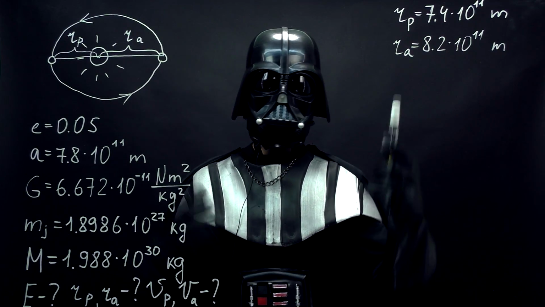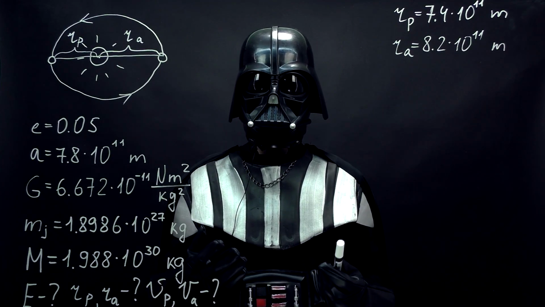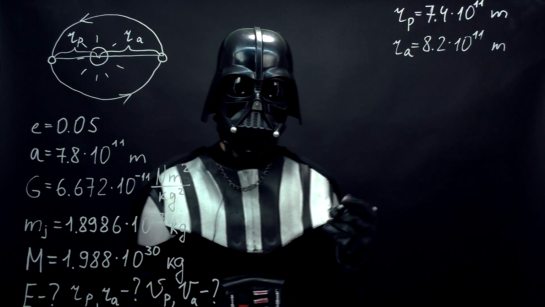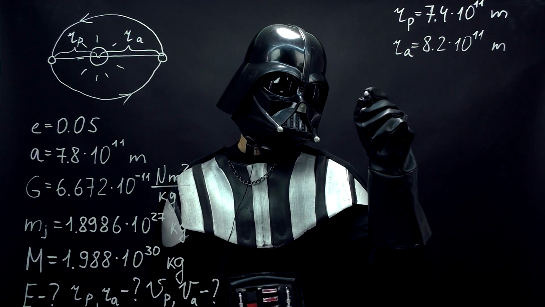Now, as we know perihelion and aphelion distances, we can find the speed of Jupiter at these 2 points. And for this, we will use orbital energy invariance law.